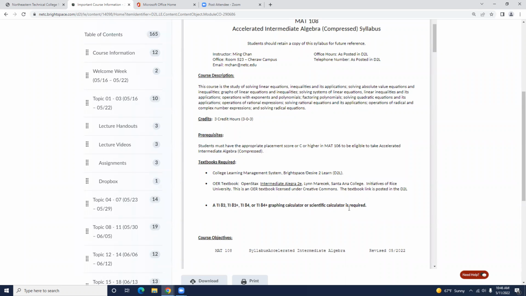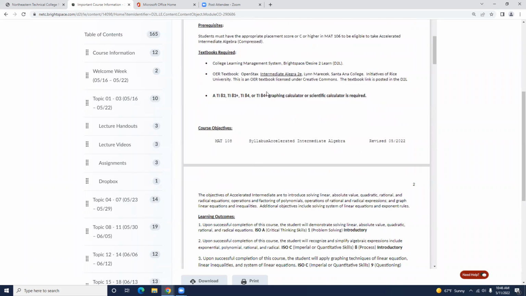If not, a scientific calculator will work. But if you need to take Math 110 or Math 120 after this class, then a graphing calculator is definitely required. But if you don't have a graphing calculator, you can borrow one from family or friends. Worst case scenario, if you don't have the money to buy the graphing calculator right now, you can always purchase a scientific calculator.